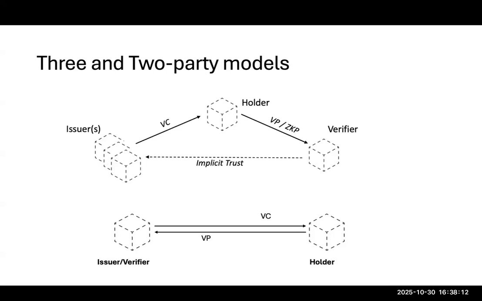Okay, that's the typical three-party model. And you can imagine from this very first and simple explanation that there is a huge, not yet solved open point. How can a verifier decide which issuer to trust or not?